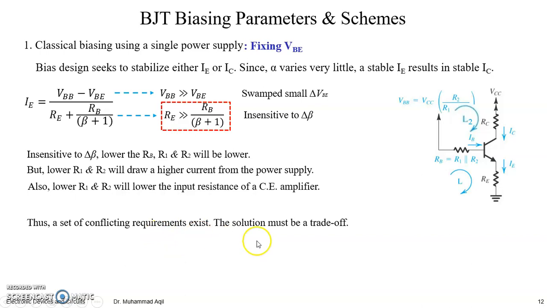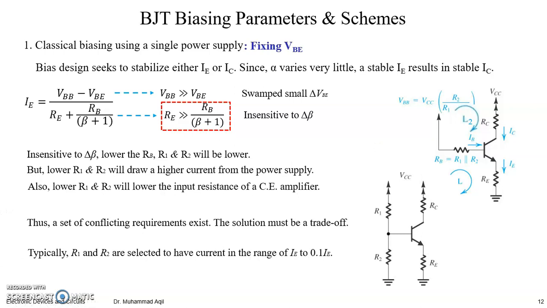So the solution would be a compromise, a trade-off. It means we can reduce it, but not too much, to have low power loss, not much, and to have an input resistance bearable to take the signal for amplification in the common emitter amplifier, right?